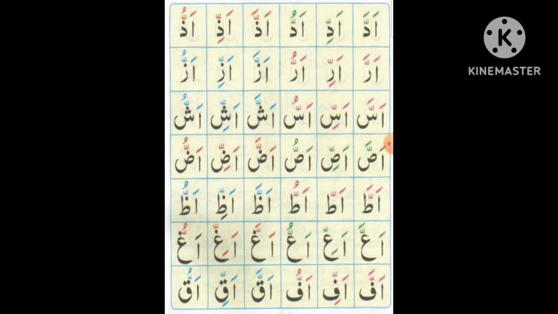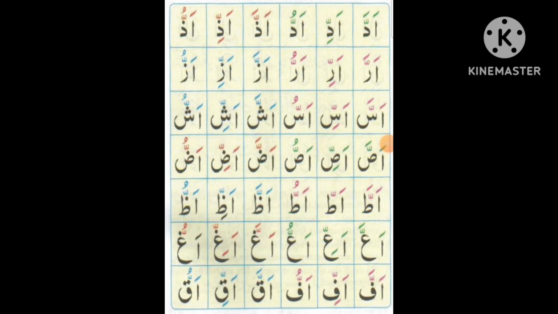Arra. Arri. Arru. You can see with the vibration, you can make out that it is a duplication. The Ra is getting duplicated. Alif Ra Zabar Ar, Ra Zabar Ra, arra, arri, arru, azza, azzi, azzu, assa, assi, assu, ashsha, ashshi, ashshu.